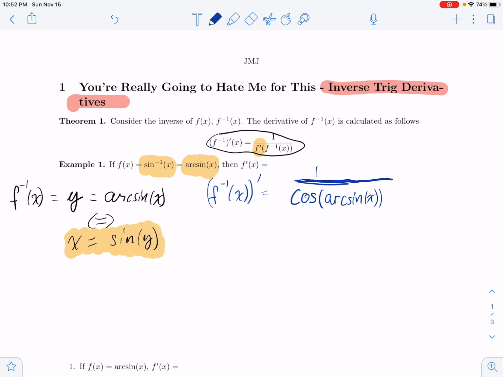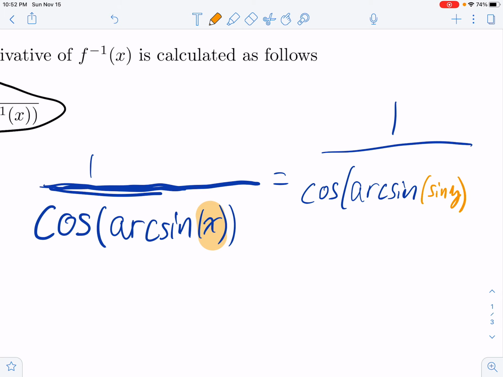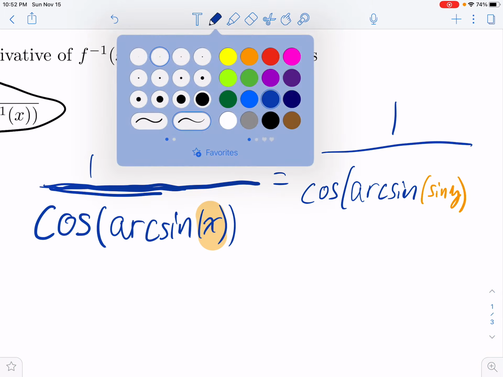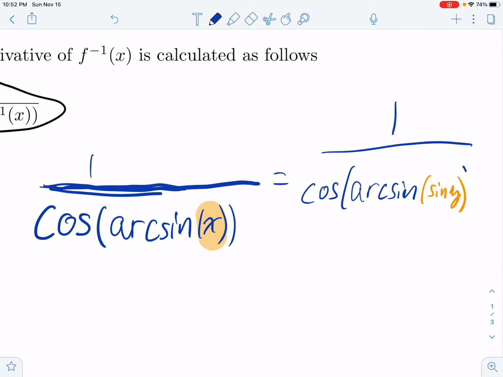To make the substitution, this is equal to 1 over the cosine, we still have the arc sine, but our x, right, x is sine y, so I can replace that with sine of y.